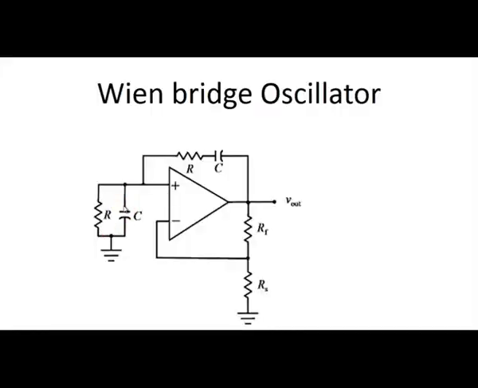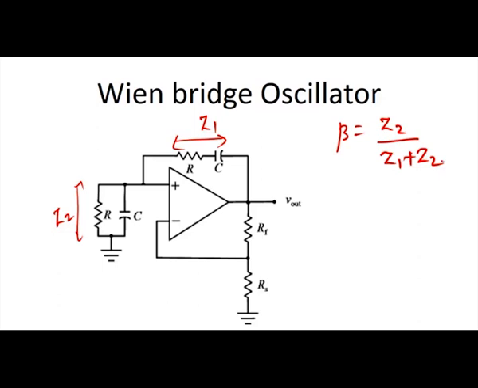Again we have to derive the frequency of oscillation for this Wien-Bridge oscillator also. Consider this parallel combination as Z2, this series combination as Z1, and beta is actually Z2 by Z1 plus Z2.